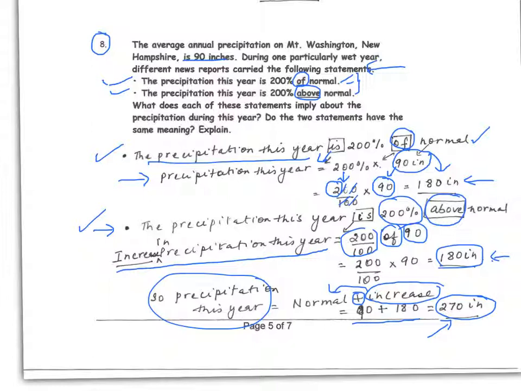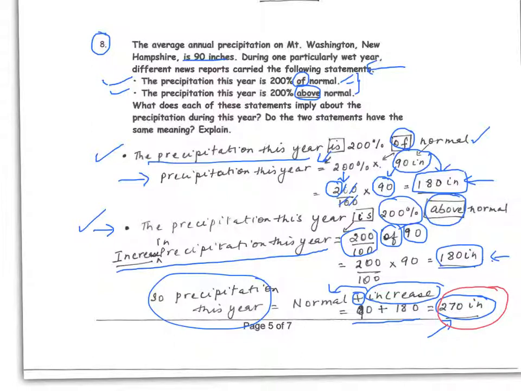Because in the first case, our calculations show that 180 inches is the precipitation this year. And in our second statement, we see that this year the precipitation is 270 inches, which is basically 3 times the precipitation that is considered normal.